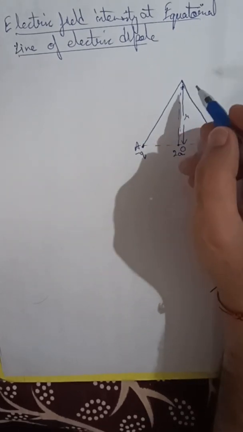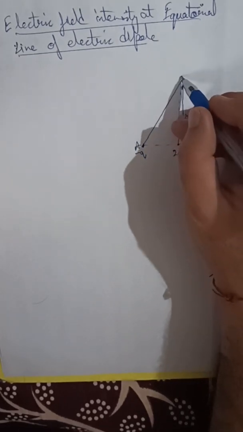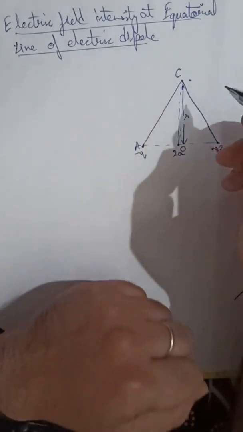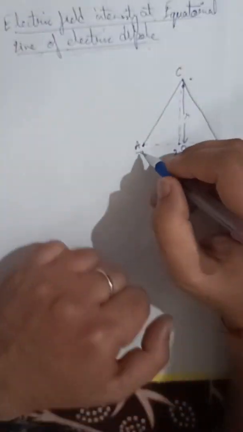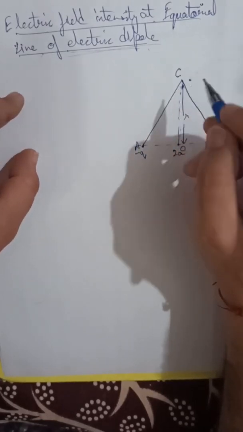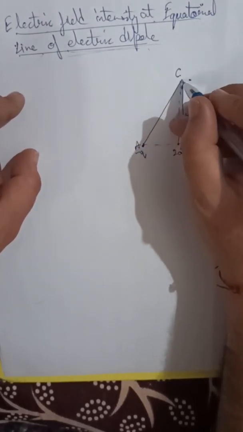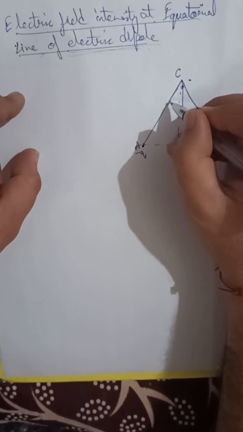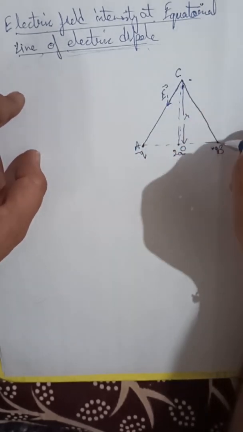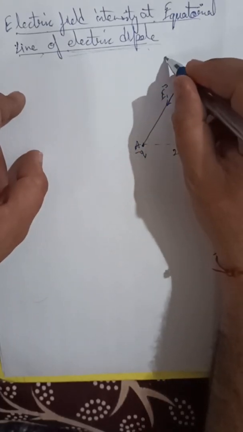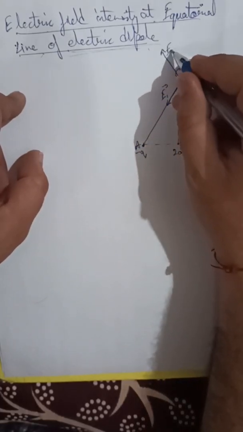So let this point be C. We have to calculate the electric field intensity due to the electric dipole. So minus q here. Electric field intensity is inward for a negative charge, so let E1 be here. For E2 it will go outwards, that is E2.